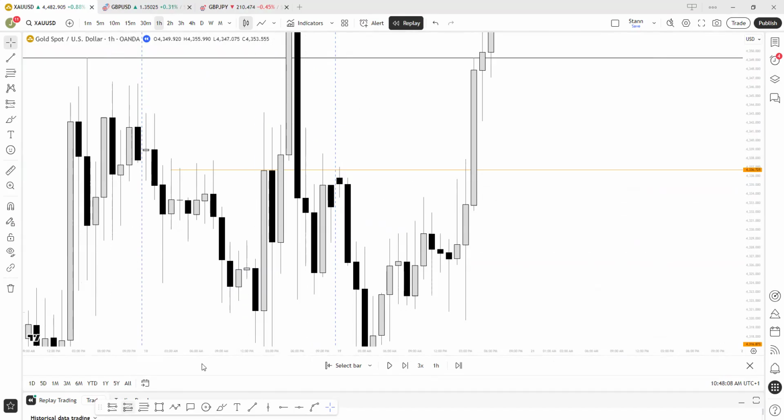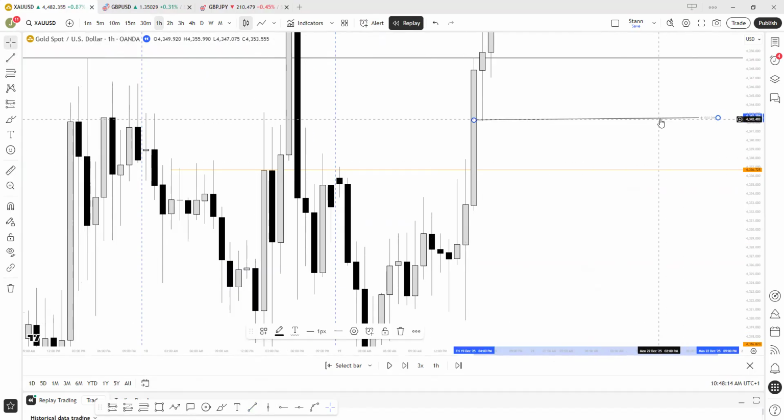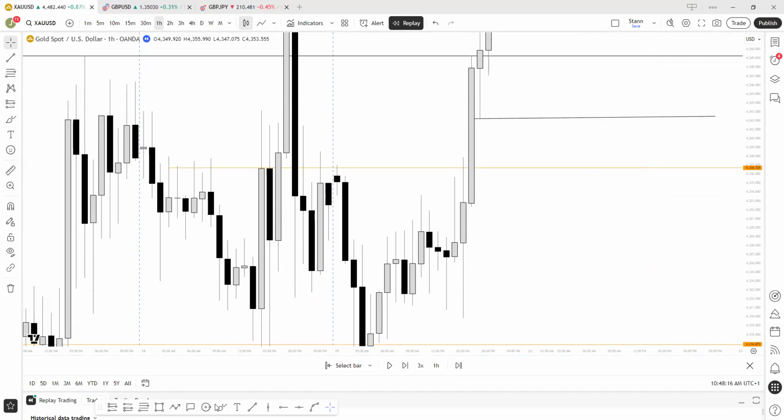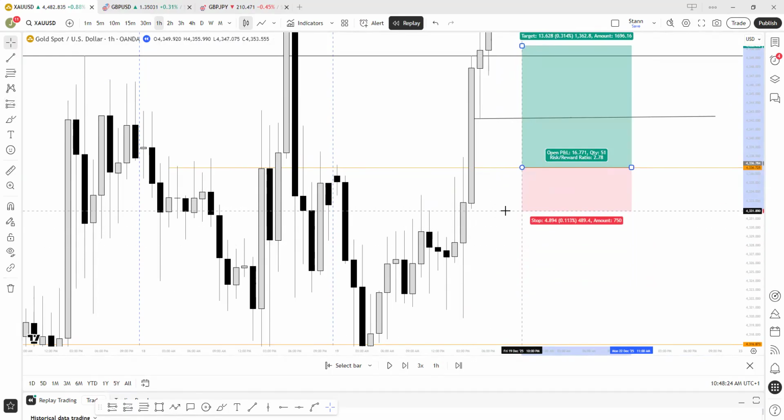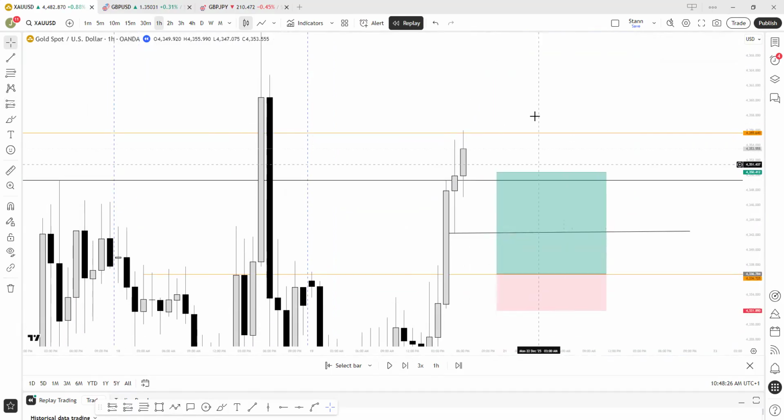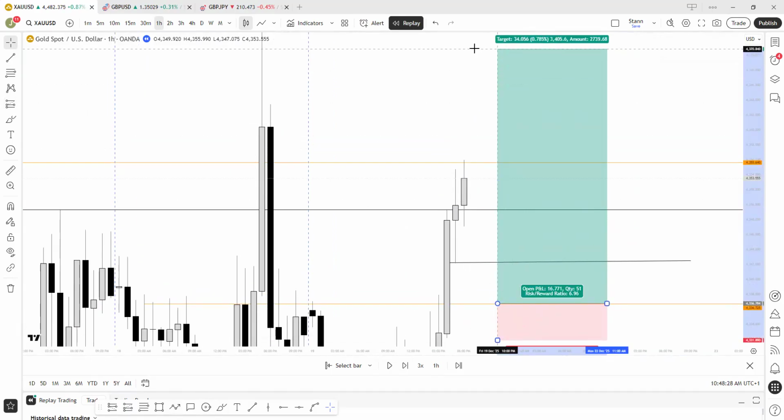So I marked this out as my internal range liquidity. And then I placed my entry at that level, stop loss here, and I targeted the external range liquidity right here.